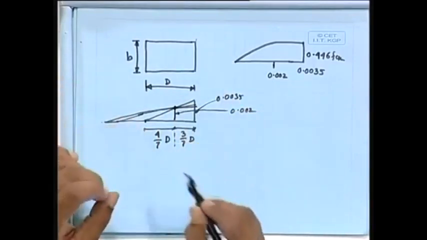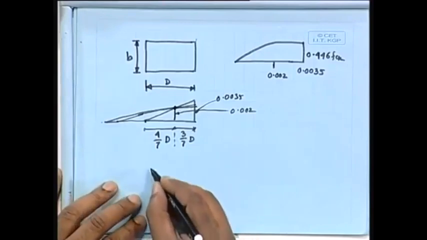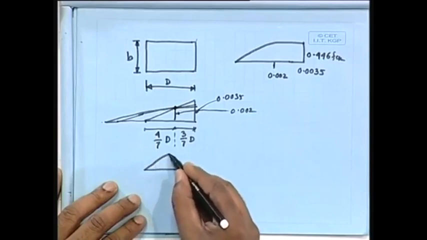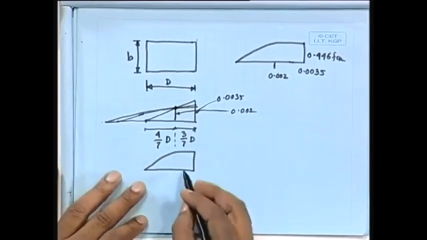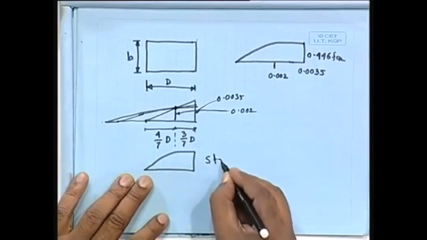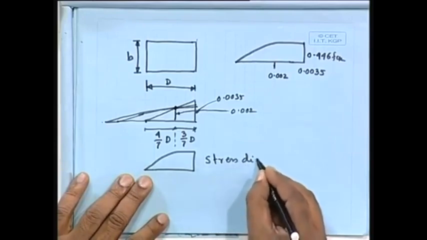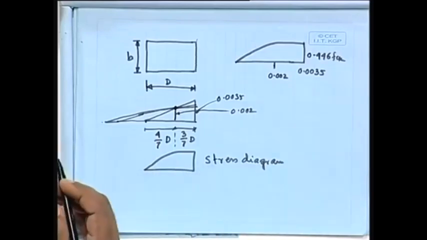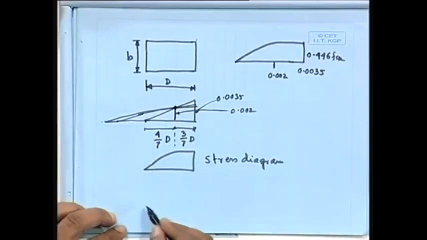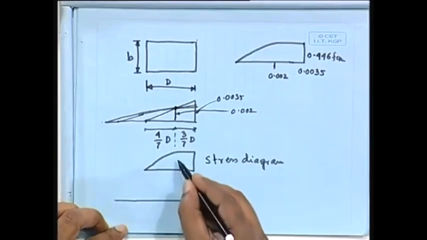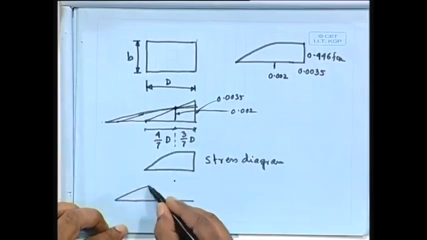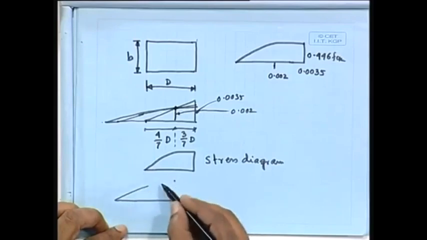So what does it mean here? That means it will happen like this. In one case we shall get something like this. This is your stress diagram. When the neutral axis is outside the section, then what will happen? We shall get the same way this particular one.